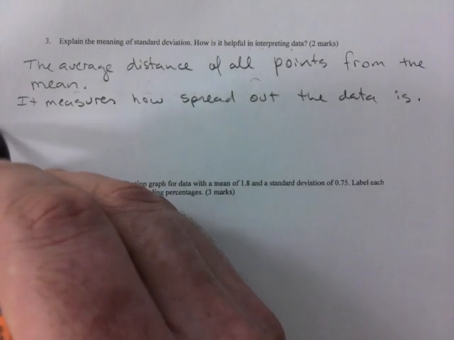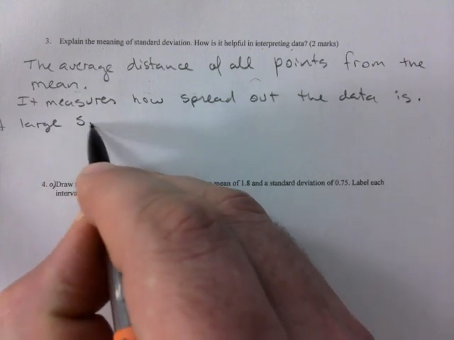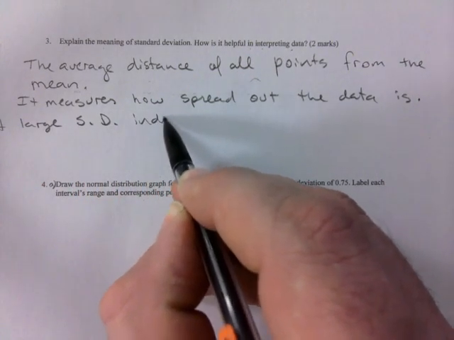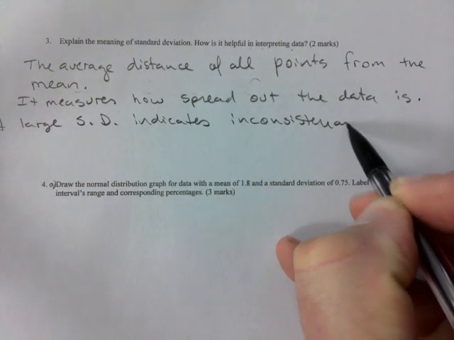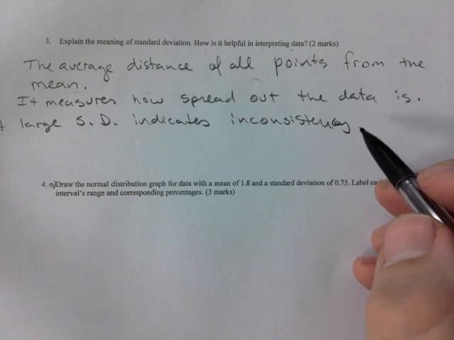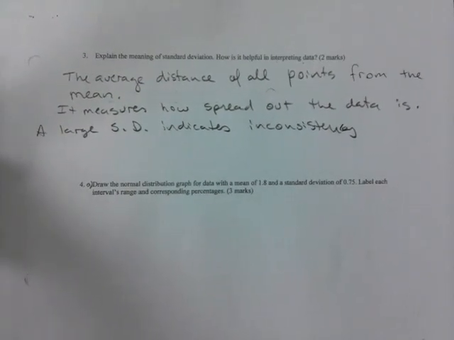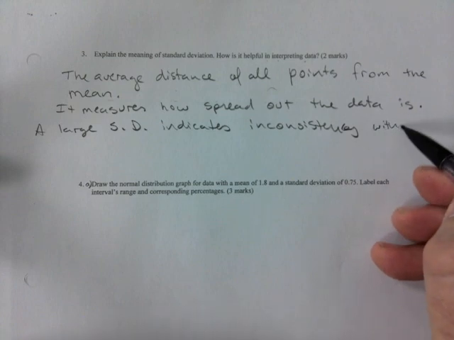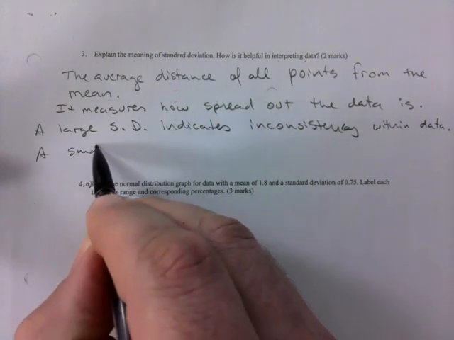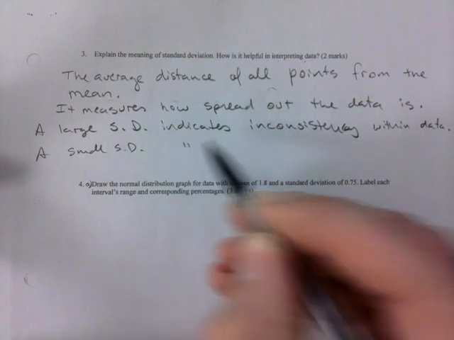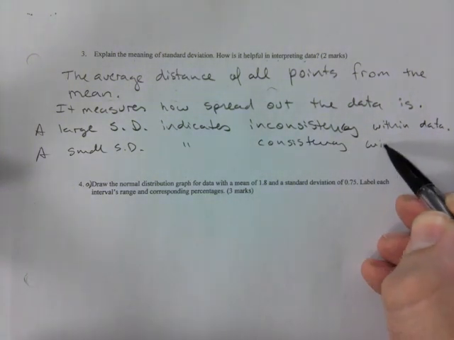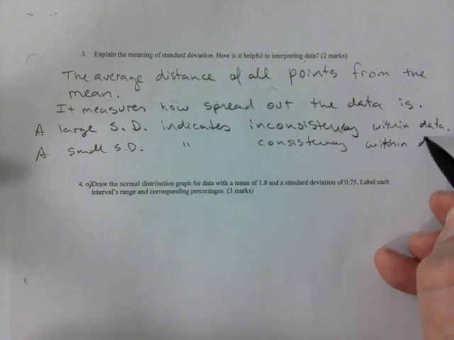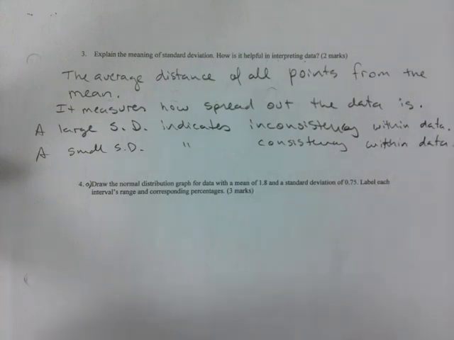A large standard deviation indicates inconsistency within data. A small standard deviation indicates consistency within data. That's another way of putting it.